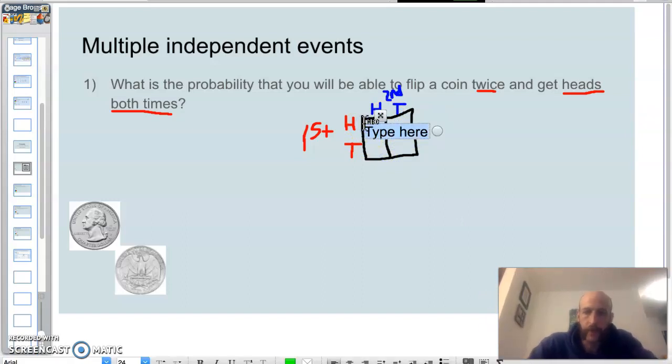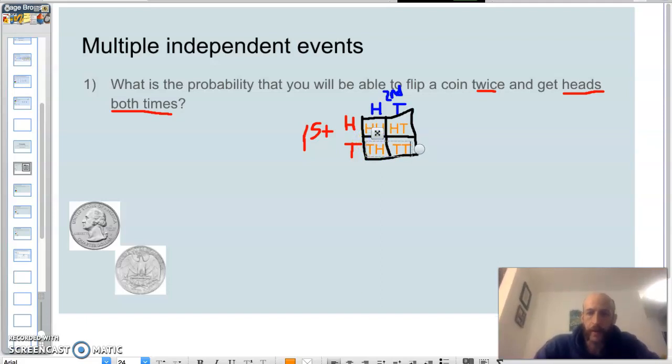So first I could get a heads and a heads. I could flip the coin once, get a heads, flip it again, get a heads. I could also flip the coin and get a heads and then get a tails. I could flip the coin first, get a tails, and then get a heads. And then I also could get 2 tails in a row.